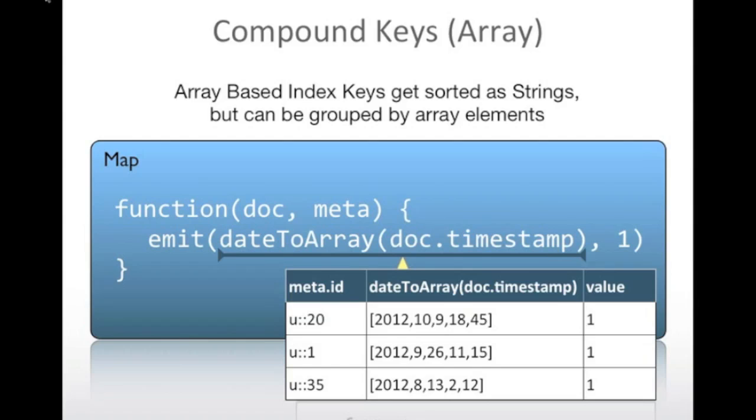And I can query that, and I can group by and query. I can get everything from 2012, or October 2012, or October 9th, 2012. I can group by those values using a group by query. So this is a specific type of what we call a compound key.